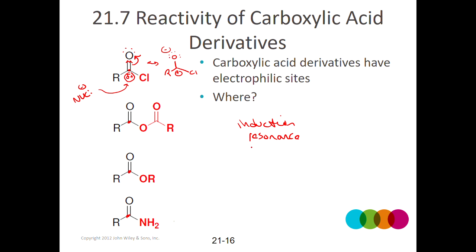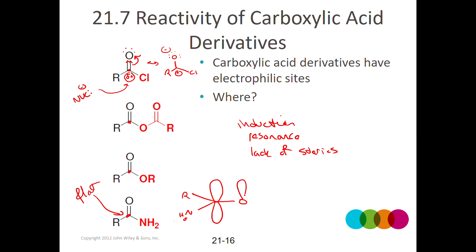In general, there's a lack of sterics, and that goes for really any carbonyl carbon in general, because if it's a carbonyl carbon, it's flat. And if we look at that flat carbon there and the orbitals that are involved, there's a p orbital overlapping with this p orbital to make the pi bond.